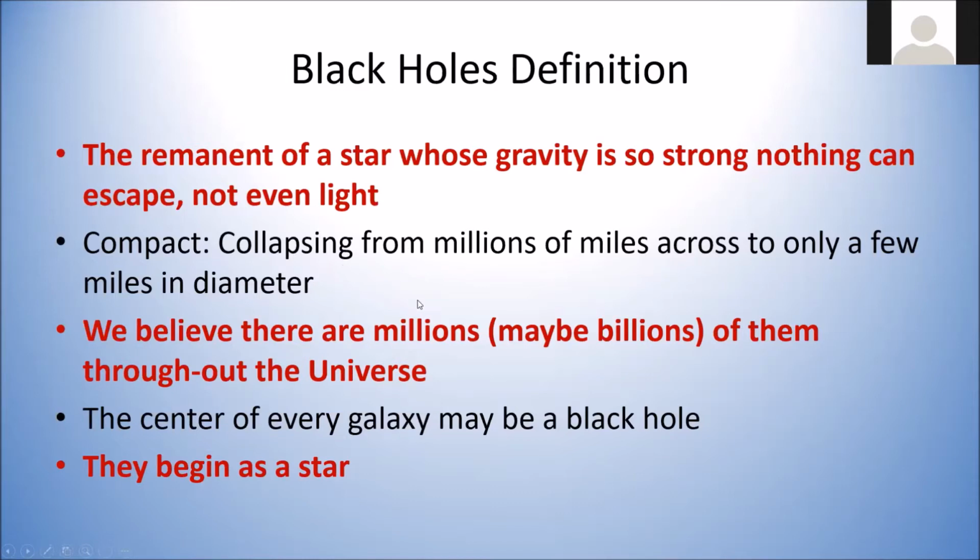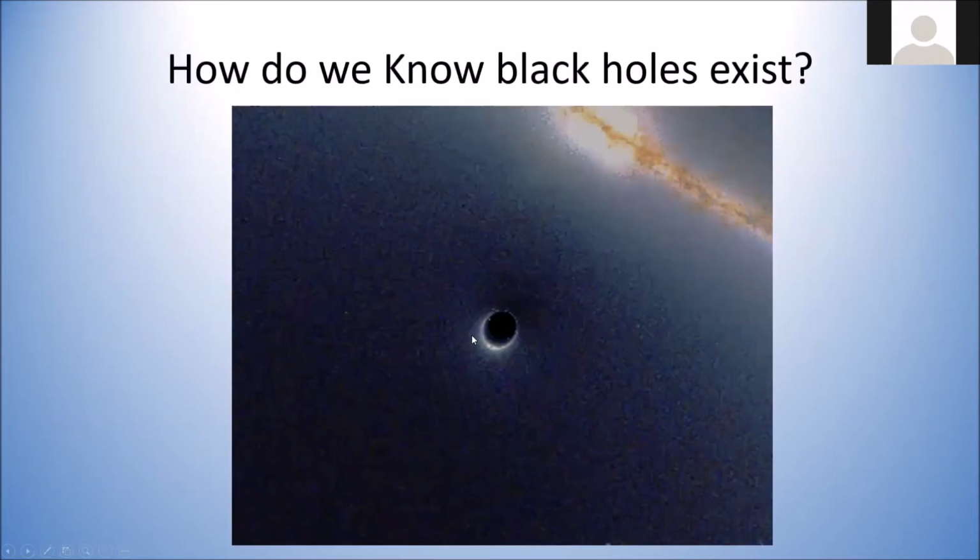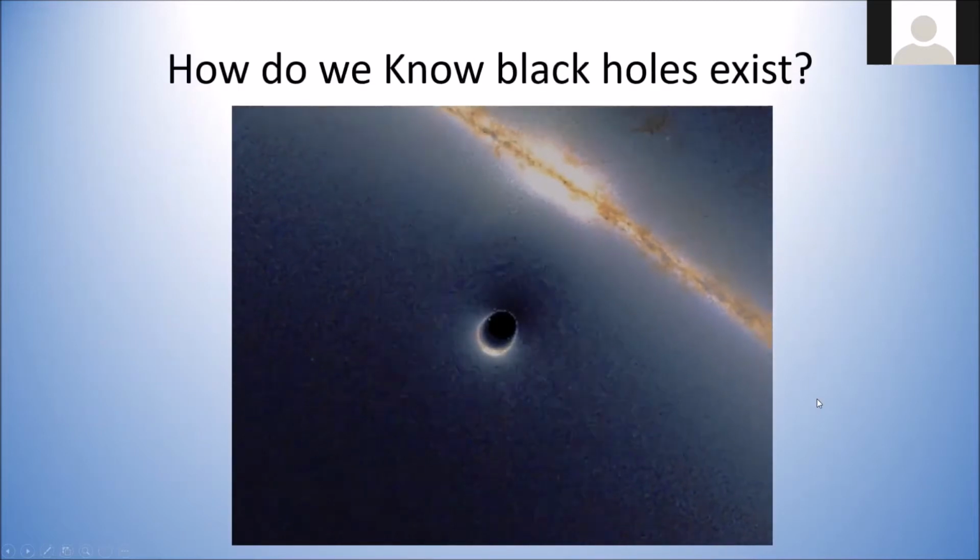It's generally believed there are millions of black holes in the universe, but there could be billions. There's also a wide belief that in the center of every galaxy is a black hole, but they all begin as a star. So how do we know they even exist?